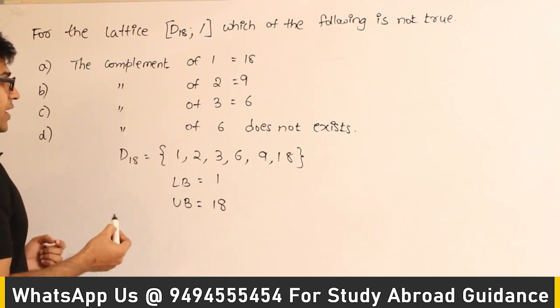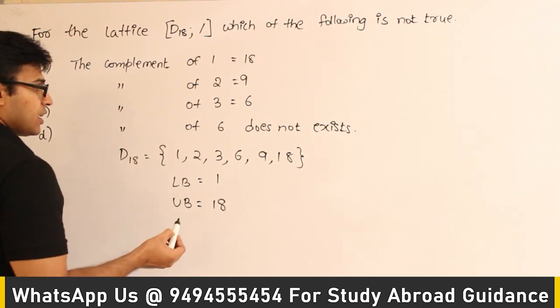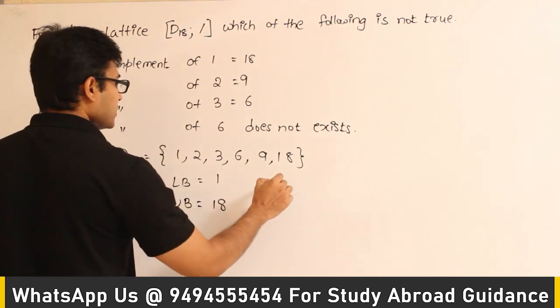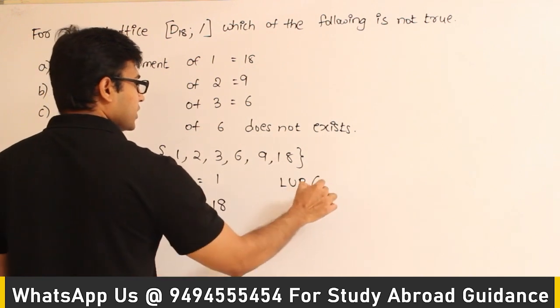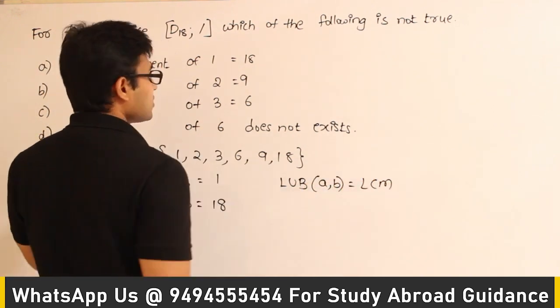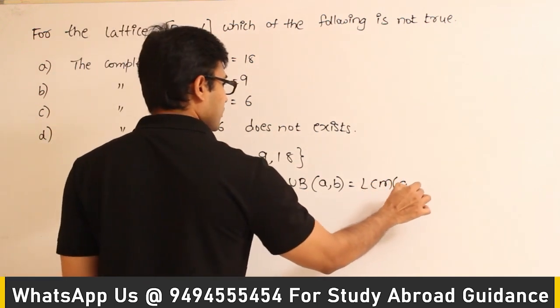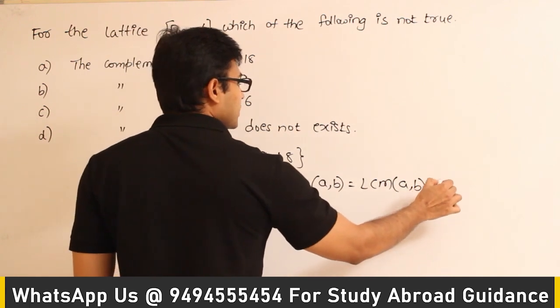And now how to find out whether two elements are complements of each other or not. If two elements are complements of each other, then least upper bound of two elements a comma b, in this case, least upper bound is LCM. LCM of a comma b should be equal to 18.